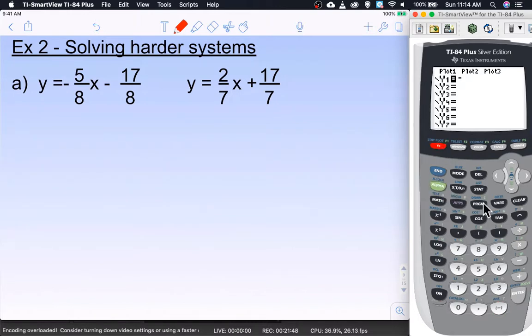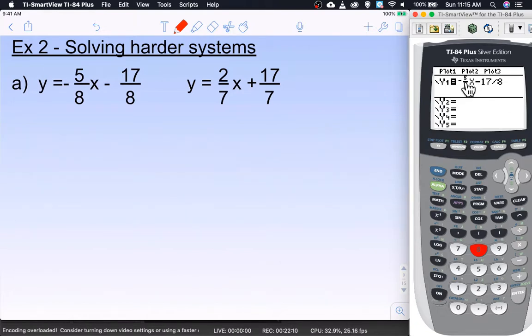Y equals 5/8 x minus, and by the way, you could just as easily say this, 17 divided by 8. You don't actually have to do the fraction thing. The calculator understands and does order of operations.